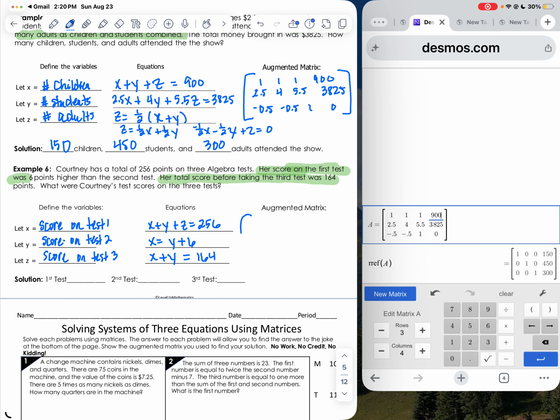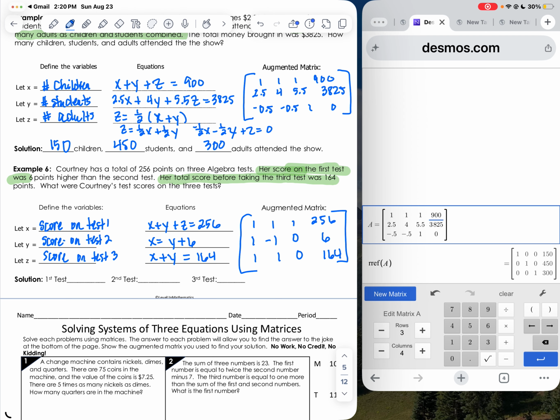All right, let's make our augmented matrix. 1, 1, 1, 256. Now be careful on the second row. We have 1x. We need to move that y to the other side, making it negative 1y. We're missing a z, and that's equal to 6. Our third row, we have 1x, 1y, 0 z's, and 164.